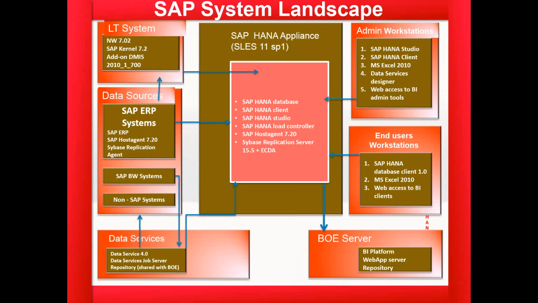The HANA appliance consists of the database, which is the core of the HANA appliance. The HANA client is simply an interface, or a thin client, which will connect any external system or any application that is running on top of the HANA appliance to the HANA database.